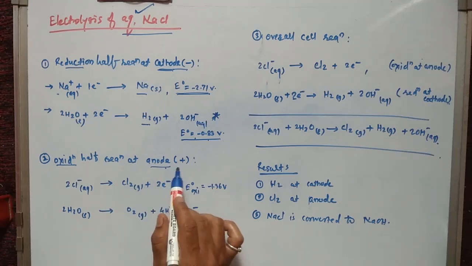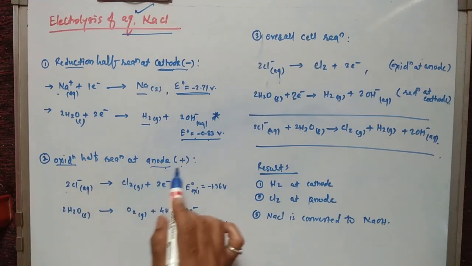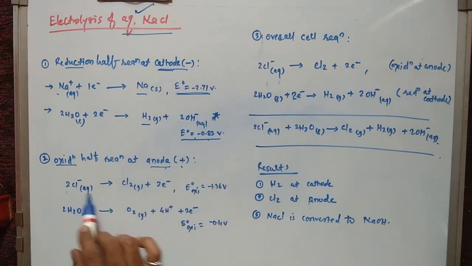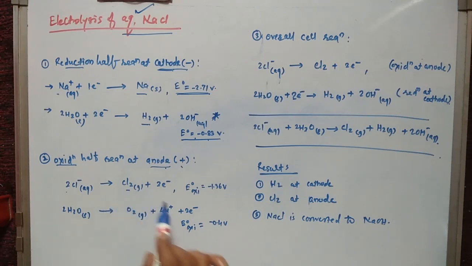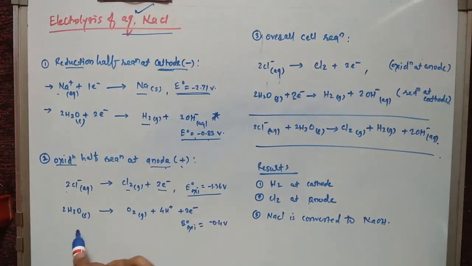Now at the positive electrode, the Cl minus ions get attracted towards it. That's why here the reaction is 2 Cl minus to give chlorine gas by giving 2 electrons, and this is the standard oxidation potential. Now simultaneously water also gets oxidized in this way: 2H2O to give oxygen gas, 4H plus ions and 4 electrons, and the oxidation potential is this.